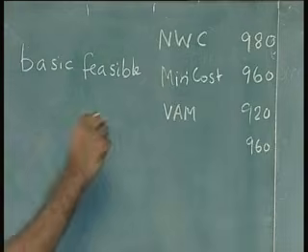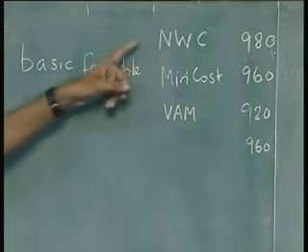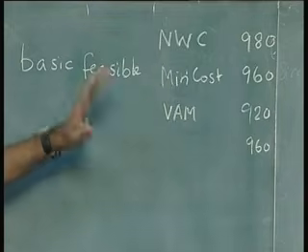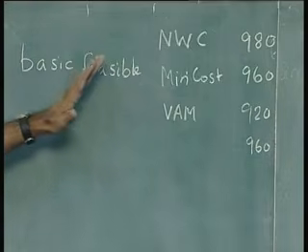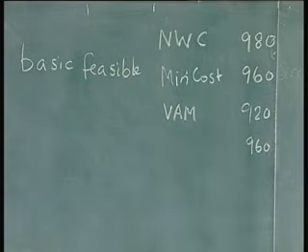Now, these three are commonly used methods to get starting solutions, commonly used methods to get basic feasible solutions, and they do not have solutions with loops, and they are desirable. It is not always necessary to use only these three.